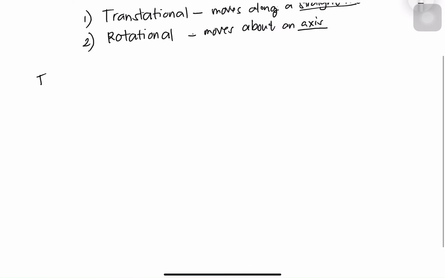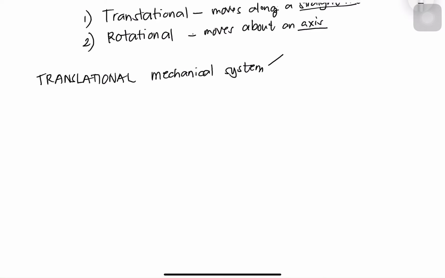So for translational mechanical system, we have three basic elements. We have the mass, dashpot, or we also call this as damper, and the spring.